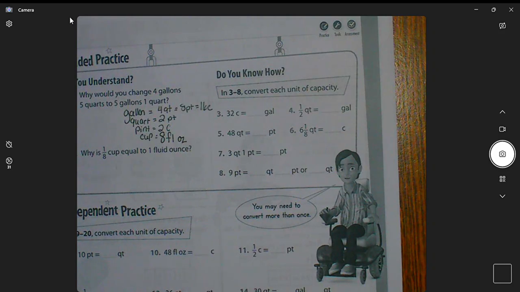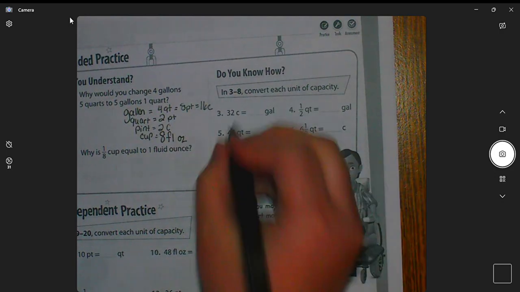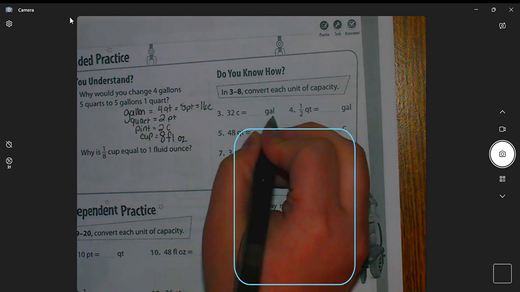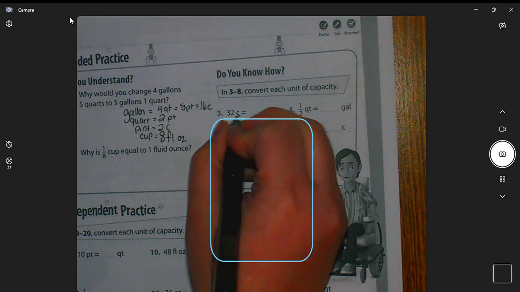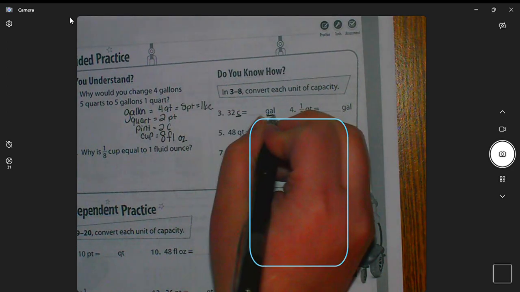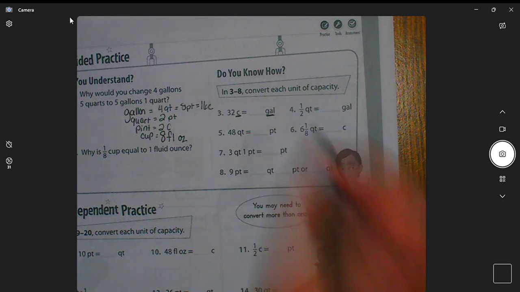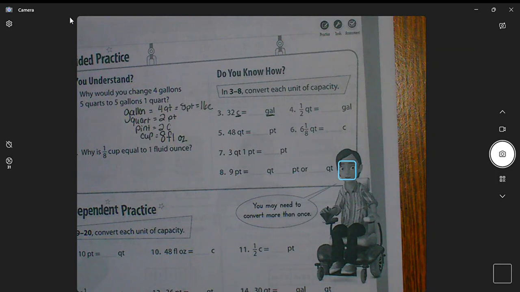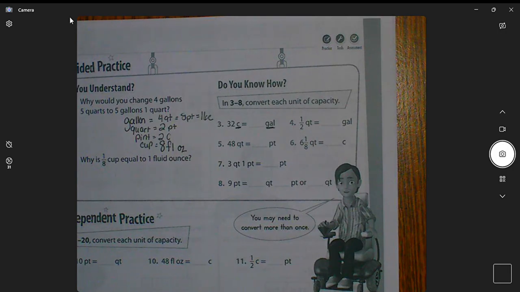So let's look at the Do You Know How section. Let's look at 3 through 8. So 32 cups equals blank gallons. When I go from little units to big units, I have to divide. So 32.